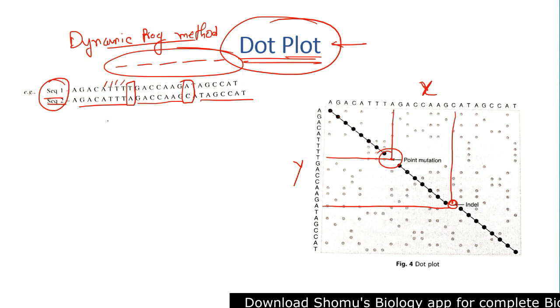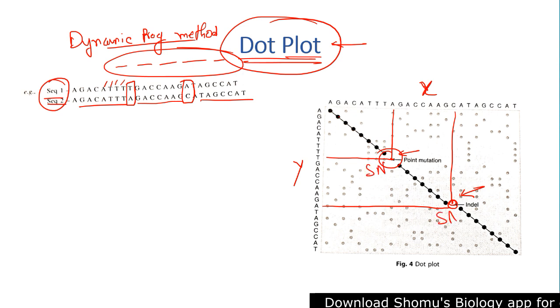That means sequences 1 and 2 are very similar to each other, with more than 95% similarity. Now why is there a difference at only 2 points? This is a single nucleotide position here, and this is another single nucleotide position where there is no similarity, a dissimilarity. And why?